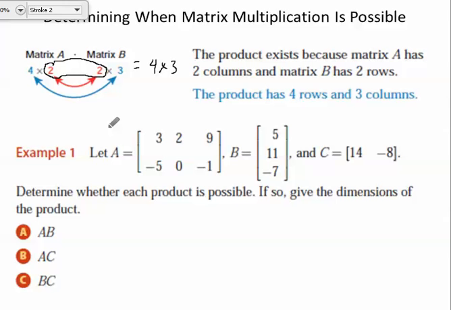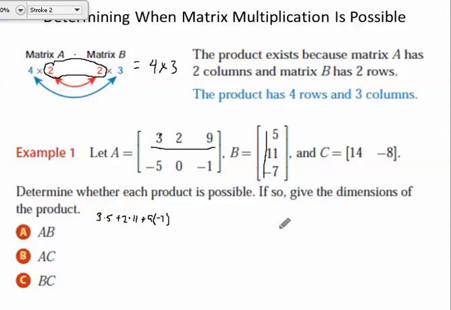I know that sounds weird, doesn't it? Here's what you do. You take this row and you're going to multiply it times a column and add them up. So when I'm multiplying A times B, I'll multiply the 3 times the 5, plus I'll multiply the 2 times the 11, plus the 9 times the negative 7. That will be one entry.